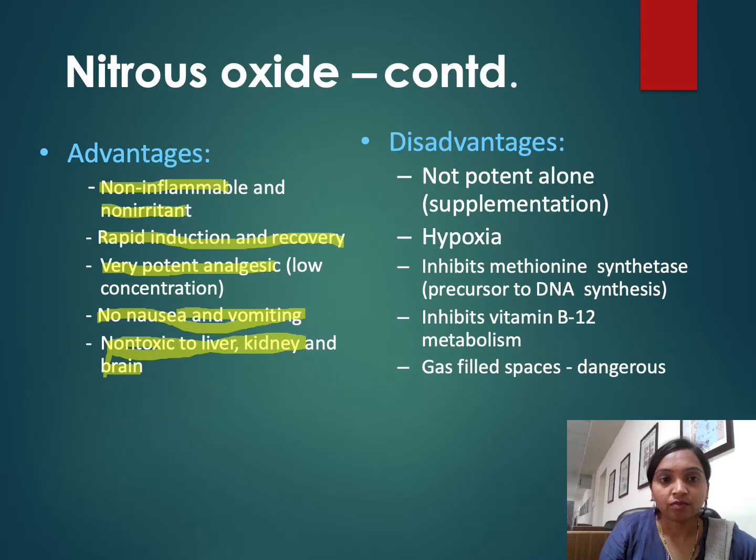So these are the various advantages of nitrous oxide, but it cannot be used alone as a potent anesthetic. That is one of the drawbacks. It can cause hypoxia, that is why it is always used along with oxygen. It will inhibit methionine synthase, which is needed for DNA synthesis, and it will inhibit vitamin B12 metabolism. So it is the major disadvantage of nitrous oxide.